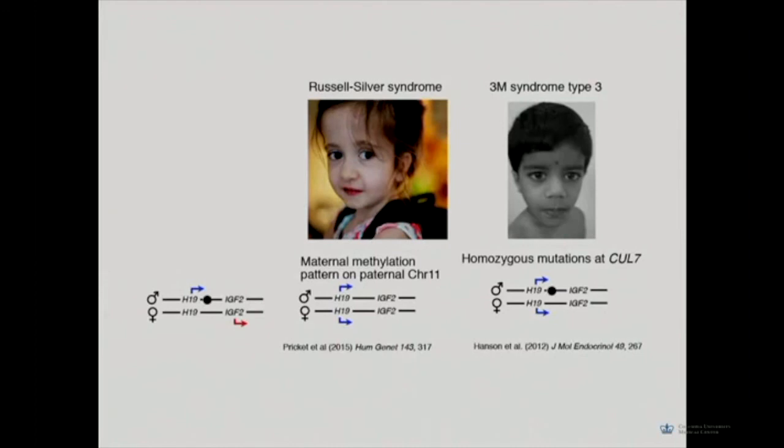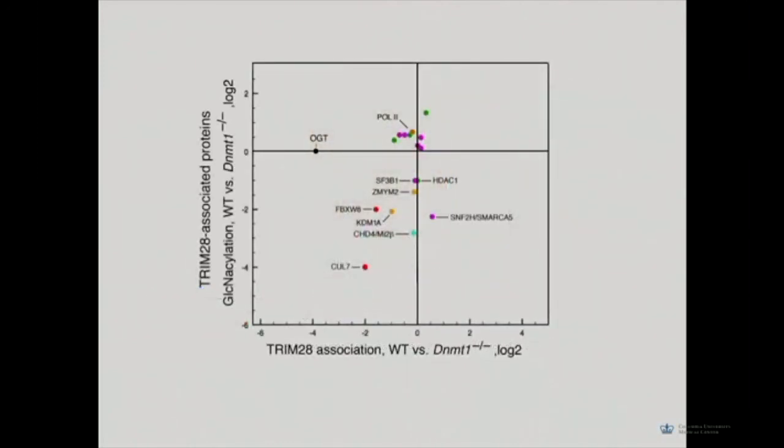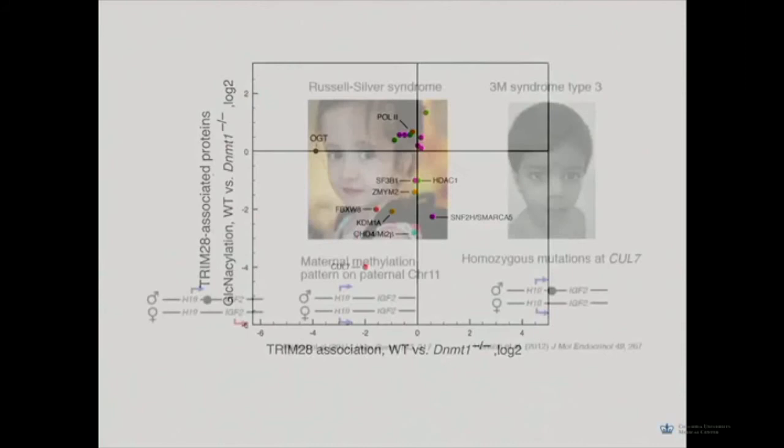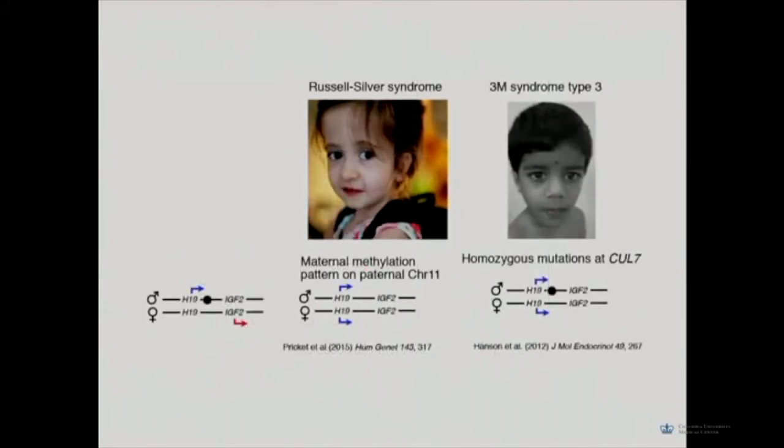And some clinicians have suggested that many cases of Russell-Silver syndrome are actually 3M syndrome. And in a number of cases where whole exome sequencing was done, mutations in CUL7 were found. So even though CUL7's biochemical activity did not predict any relationship to DNA methylation, the clinical studies strongly suggest that there is one.